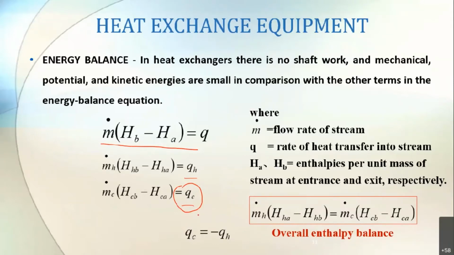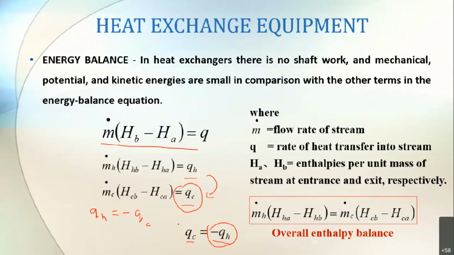That's why QC is a positive value. Whereas your QH is for the hot liquid, which is losing heat because it is giving heat to the cold liquid. So that's why QC is equal to negative QH, and QH will be a negative value. Or you can say that QH is equal to negative QC. Either way, QC is positive and QH is negative.